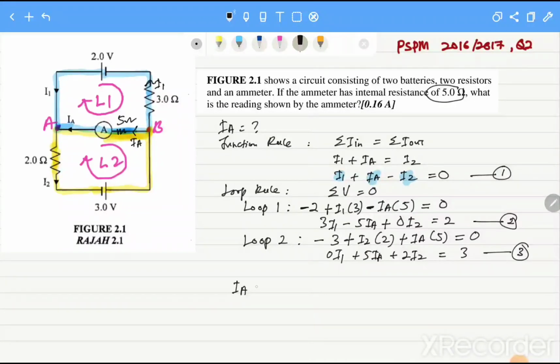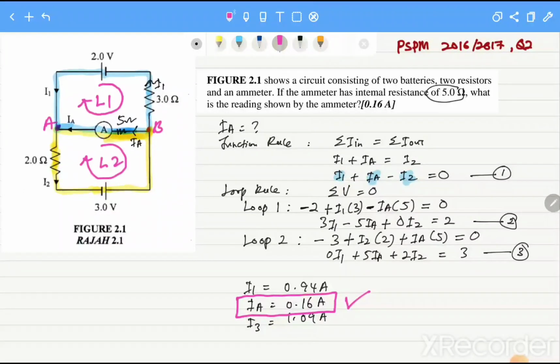So I got I1 equals to 0.94 A, IA equals to 0.16 A, I3 equals to 1.09 ampere. Because the ammeter reads current IA, IA is 0.16 ampere. The answer is 0.16 ampere. Okay, that's all.